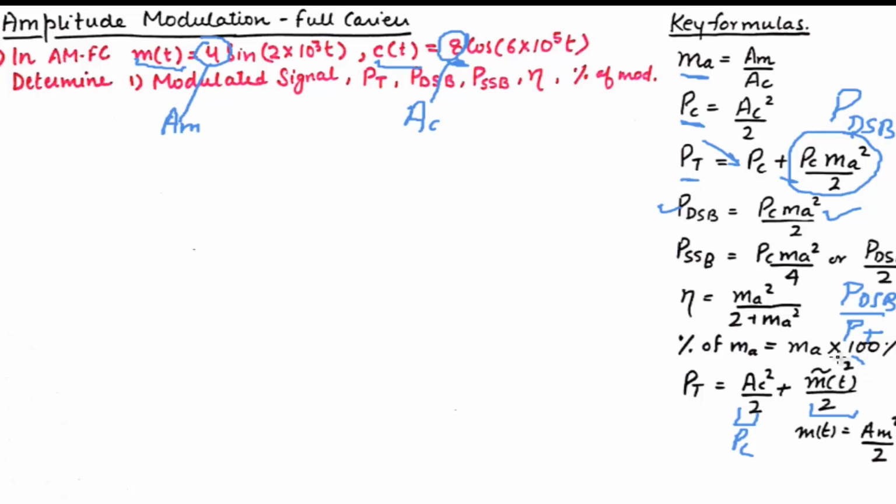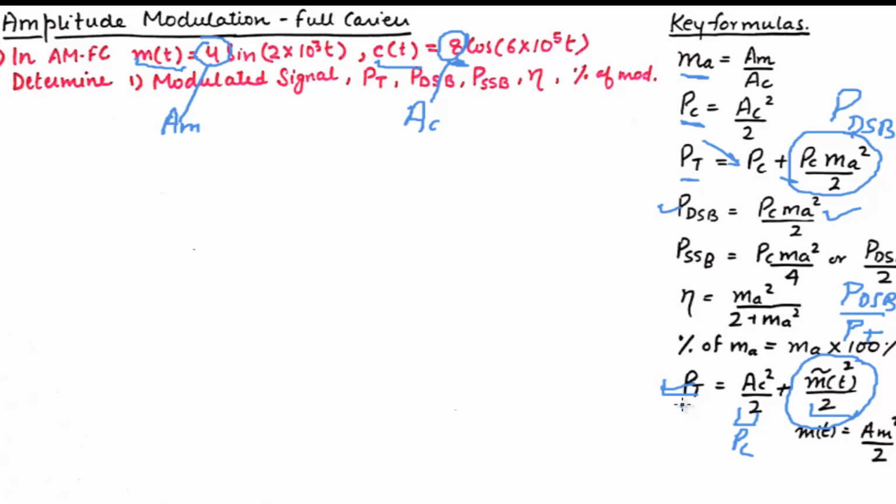Now the reason I've mentioned this formula here is because even if your modulating signal is not a sinusoidal wave, it could be a triangular wave or a square wave, then you could simply calculate the average power upon 2 as the power in the double sideband. Rest everything will remain the same. All the other formulas can be used as they are.